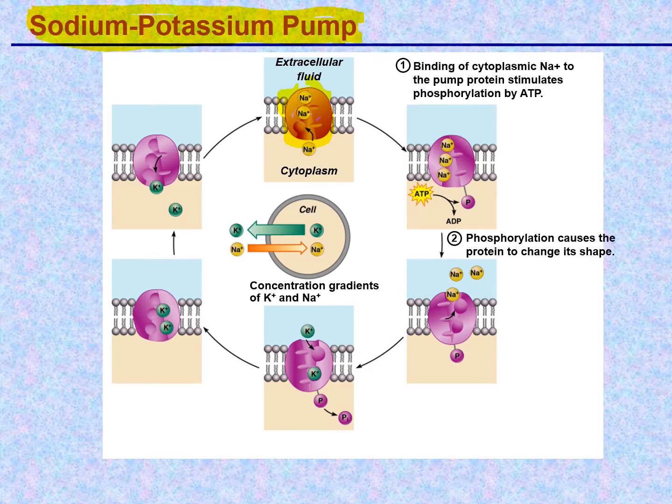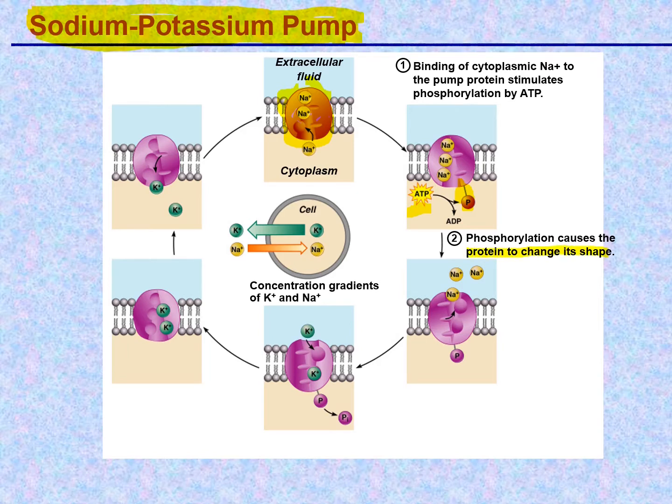So what you get is a phosphate group from ATP binding onto the protein molecule, so it's now phosphorylated. And that causes a change in shape.